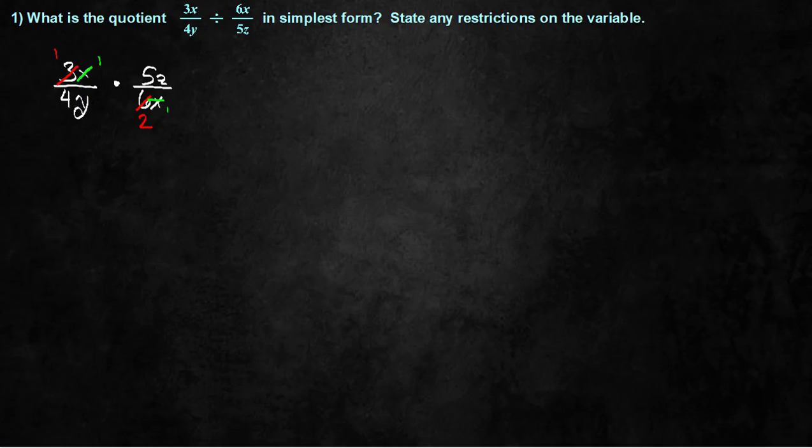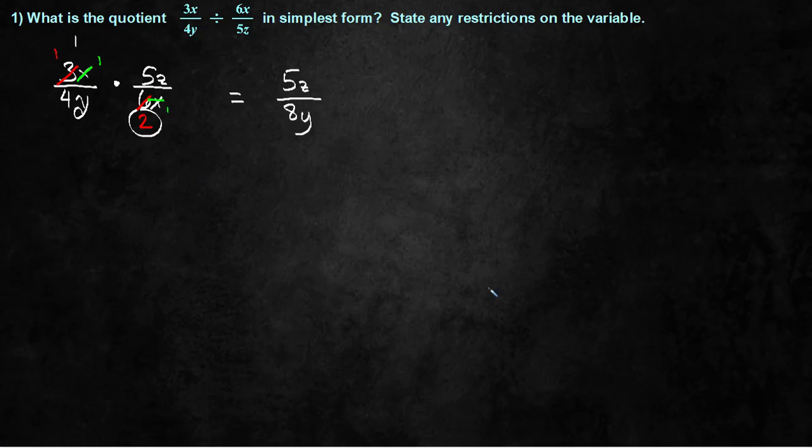So we're going to go ahead and multiply. This is just a 1. 1 times 5z gives me 5z. 4y times 2 gives me 8y. So that's what it's equal to.